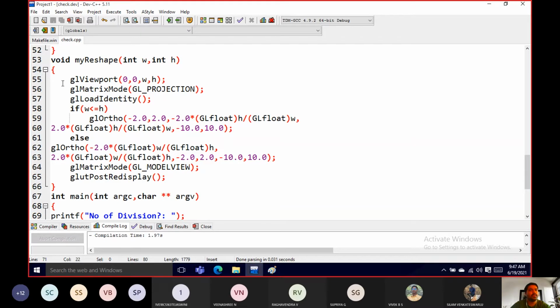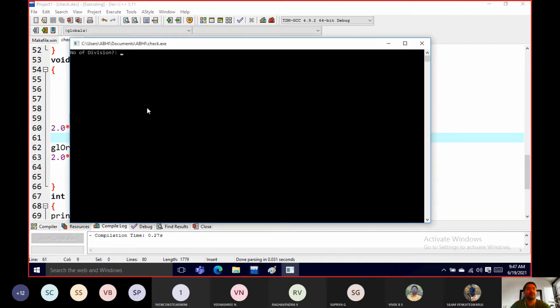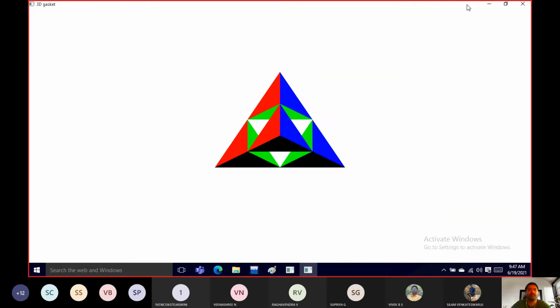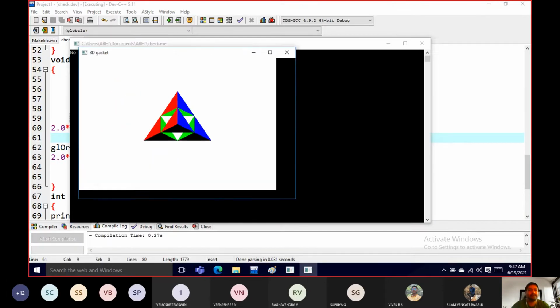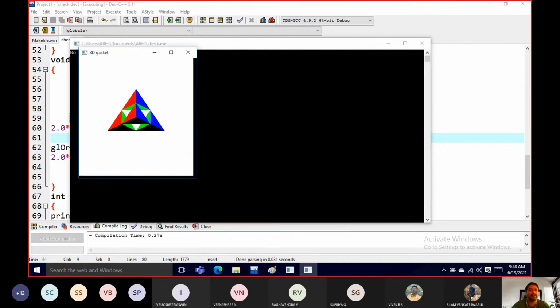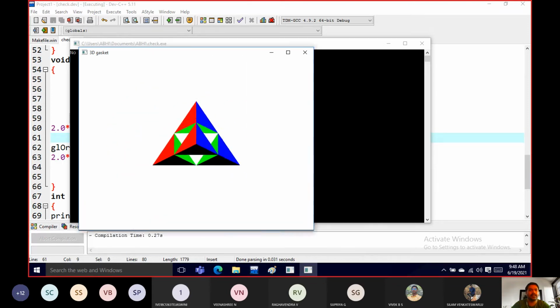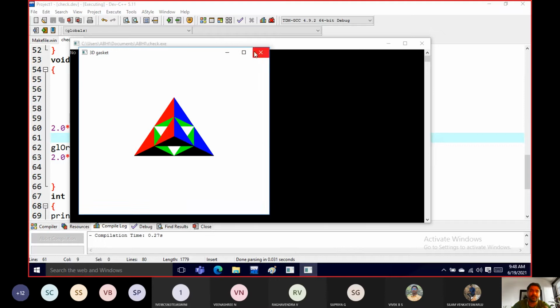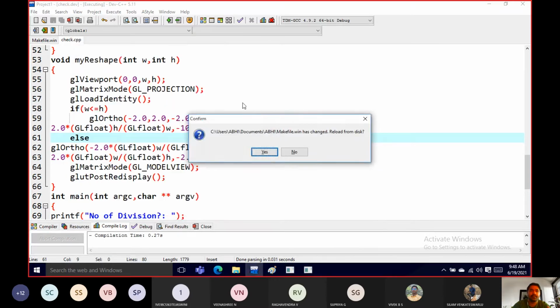See to it that you deal with the same values as W and H, that means whatever the width and height of the created window. For now, I'll just take it as division 1. Whenever I increase or decrease the width and height of my display screen, automatically the image should also be readjusted. So that's why we use the reshape function.